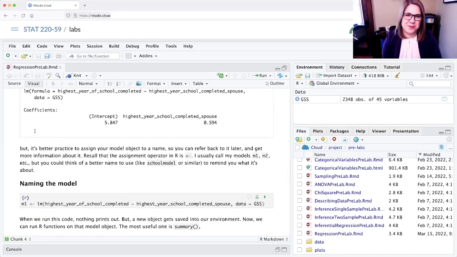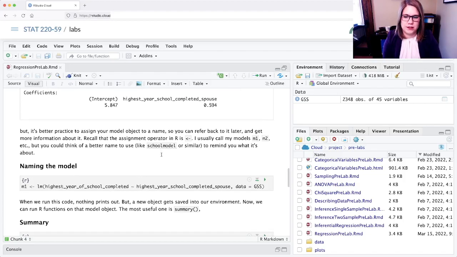I have kind of a dumb naming convention. I usually call my first model that I make in a day M1, and then the second one M2, and the third one M3. You could think of a better name, so like school model would be more descriptive, that would remind you what it's about. But here's how I usually do it. So I have M1, and again, I could have named this model anything I wanted to.